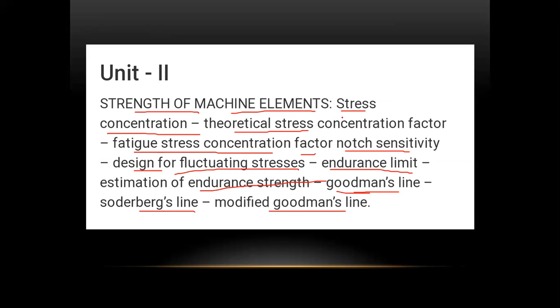So the major thing is related to the stress concentration concepts. So the theoretical concepts like what's the meaning of notch sensitivity, what is fatigue, what is stress concentration, what are the fluctuating stresses. These are the types of theoretical concepts which come in unit 2.